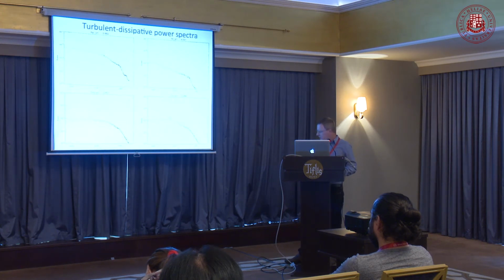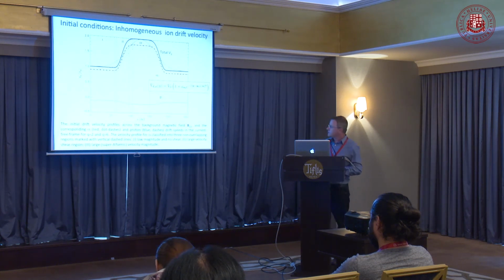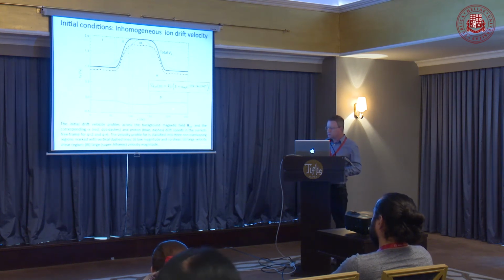Recently we looked at the effects of the drift where we had non-uniformity in the drift profile, because we know that the solar wind plasma is non-uniform across the field, of course along the field as well, but across the field it could vary on smaller scales. This is our velocity profile, and then we have a drifting population of the alphas with respect to the protons.